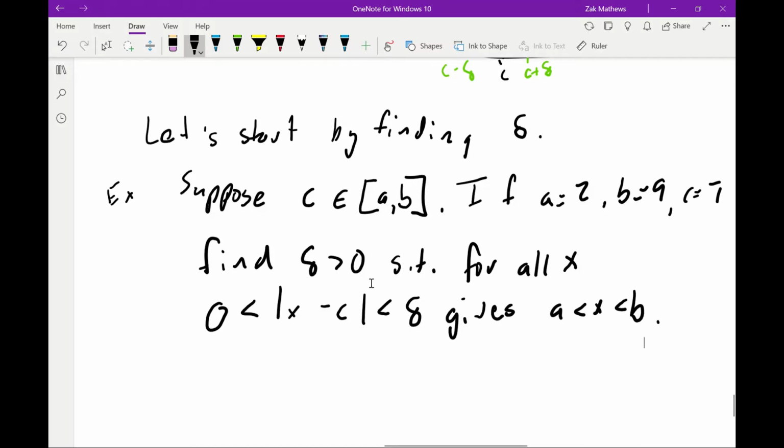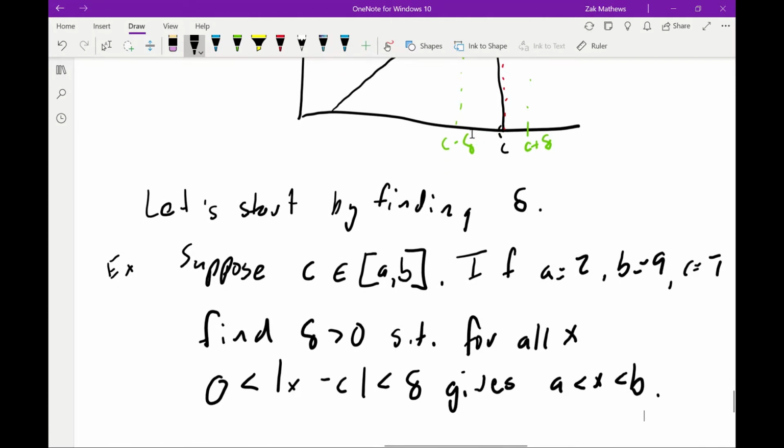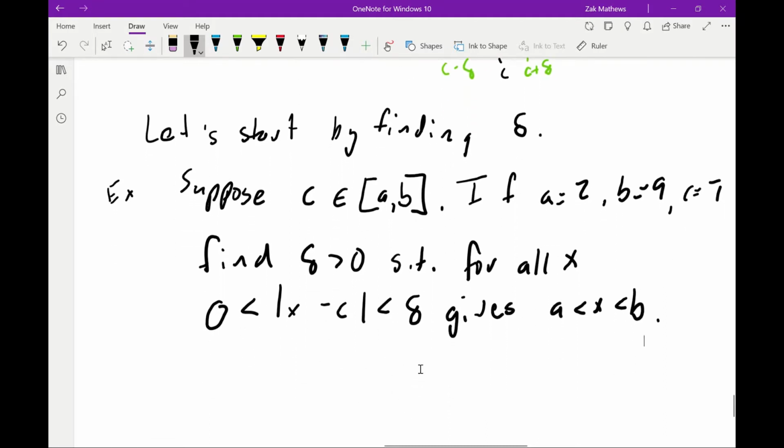So what we're trying to do is we're pretty much just looking at one dimension right now. We're saying, I know that this side over here is equal to 2, this side over here is 9, 2 and 9, those are the endpoints. And c is equal to 7, meaning we never want to be off by more than that. What does that delta need to be? Let's think about what each of these values would be. We would find that the c, which is 7, minus the a, which is 2, is equal to 5.